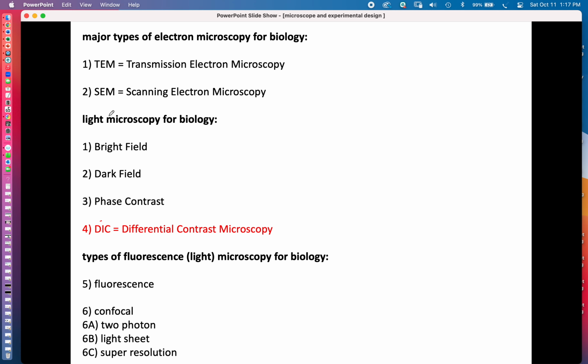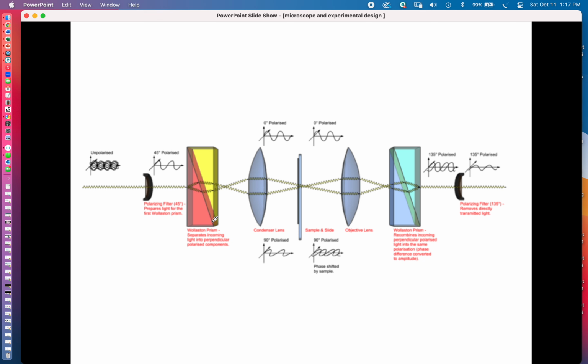We're going to just do regular light microscope, but we're going to use some special filters, and it's called DIC, or differential contrast microscopy. And what happens here is that there's a special, you'd probably call it a kind of a prism, that the light goes through before it reaches the condenser.